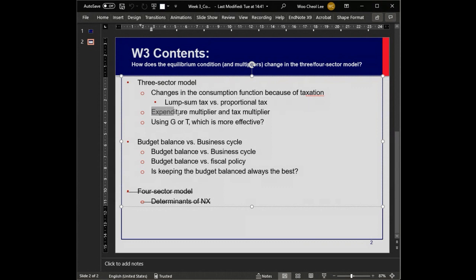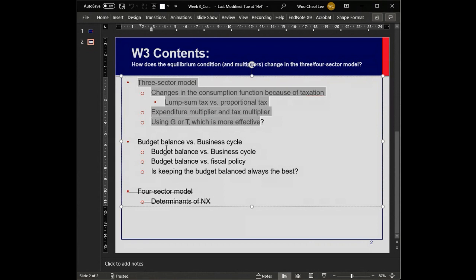And then, of course, we have some more details about the multiplier effect. So expenditure multiplier and tax multiplier. And based on this, when the government does fiscal policy, which one is more effective? We're going to consider that. So this is about the 3-sector model.